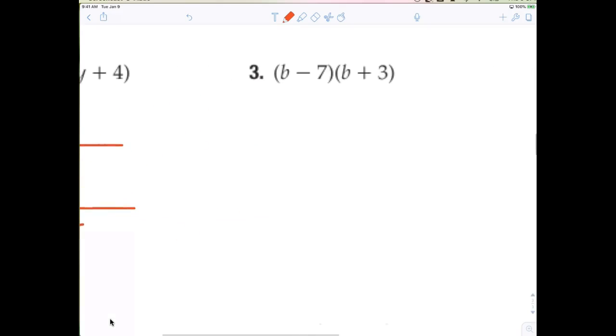Now, number 3. Here we go. b minus 7 times b plus 3. Quickly multiply that out and let's see if you know how to do it.